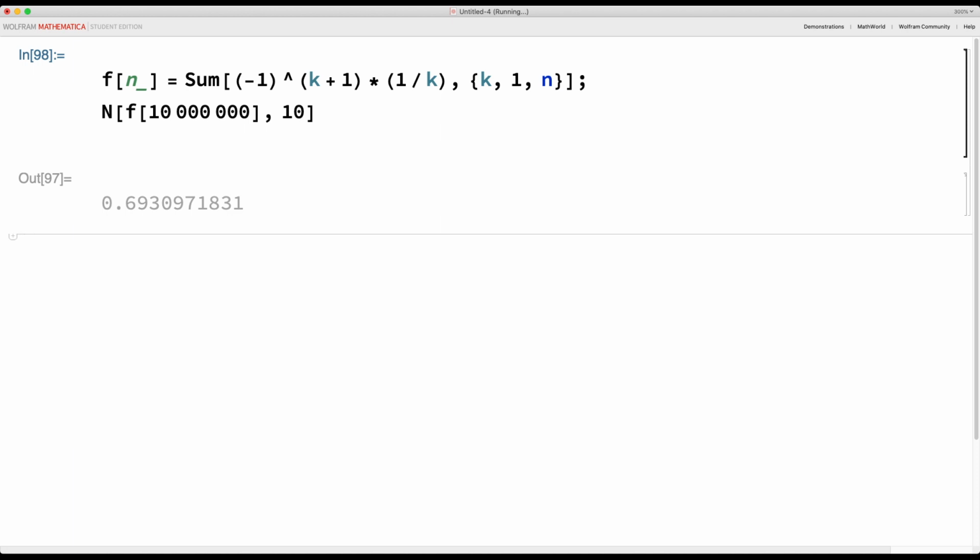So what does it look like this is approaching, or does it? 0.7, maybe it's 0.69, blah, blah, blah, right? Okay, not entirely sure. All right, we get the idea. Let me stop the evaluation here.